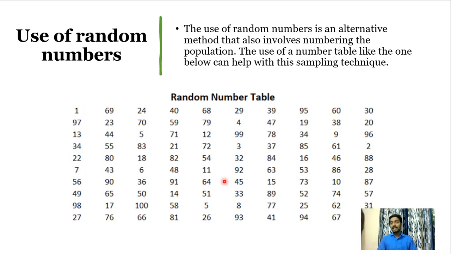So I'll assign the numbers 1 to 10 to the population, and I will say people who have the number 3 will be my sample. People who got number 3 will be brought out as the sample.